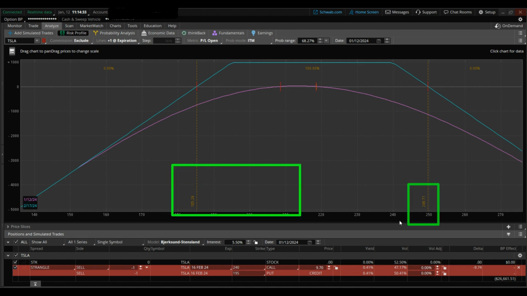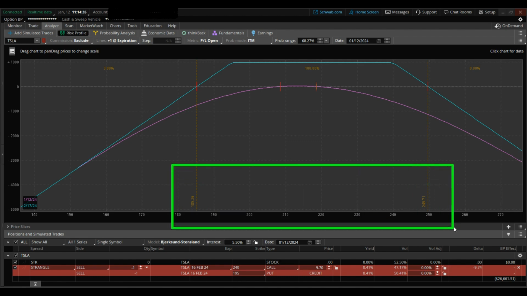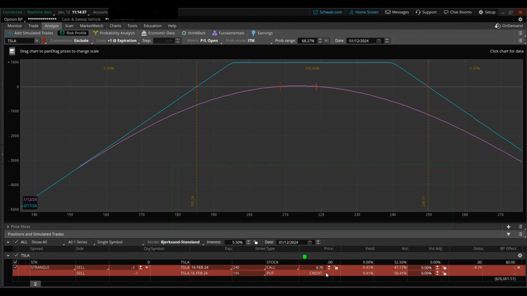As we are strangled, we get a wider range for Tesla to swim in and also get a higher credit. But we are also doing something else. Our buying power effect is $26,000. Remember, guys, there's no free lunch. Even though this sounds like a better deal, there's a buying power effect increase. And that's all four strategies.